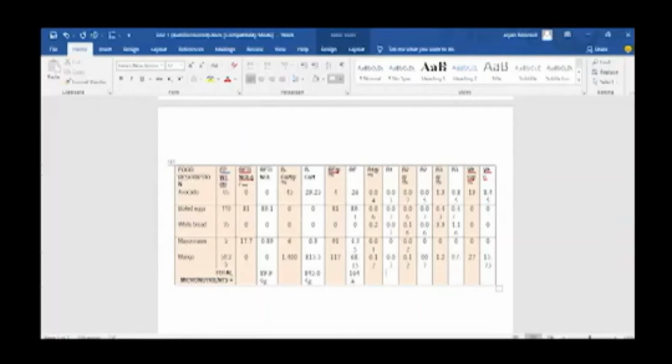Then we have for B1, 0.03 plus 0.07 plus 0.07 plus 0.07 is equal to 0.23 grams. Then for B2, we have 0.05 plus 0.07 plus 0.06 plus 0.07 is equal to 0.25.